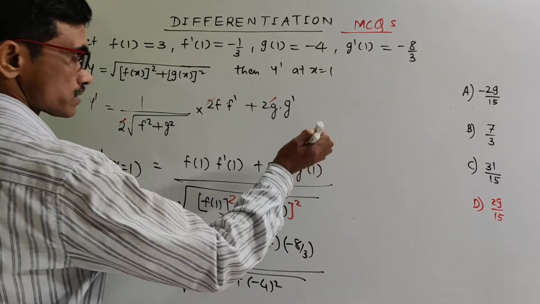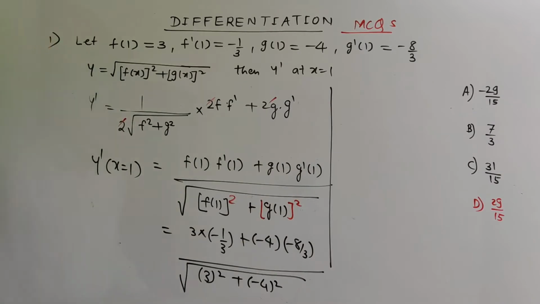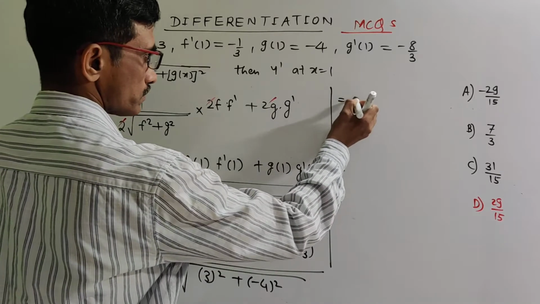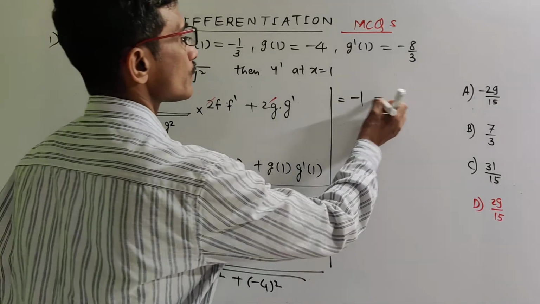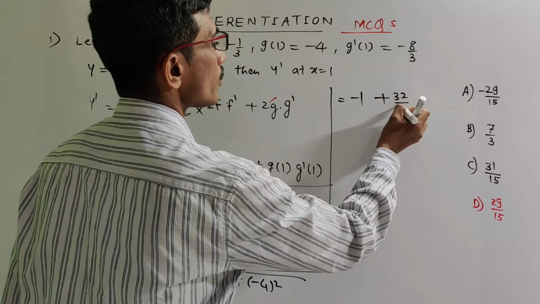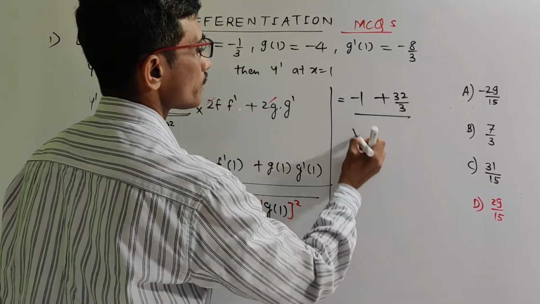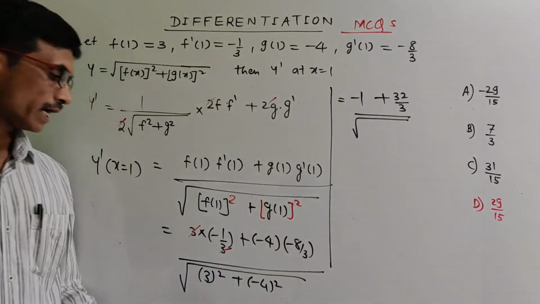So which will give us, this 3 is getting cancelled, it is minus 1 plus 32 upon 3, upon root of 9 plus 16.